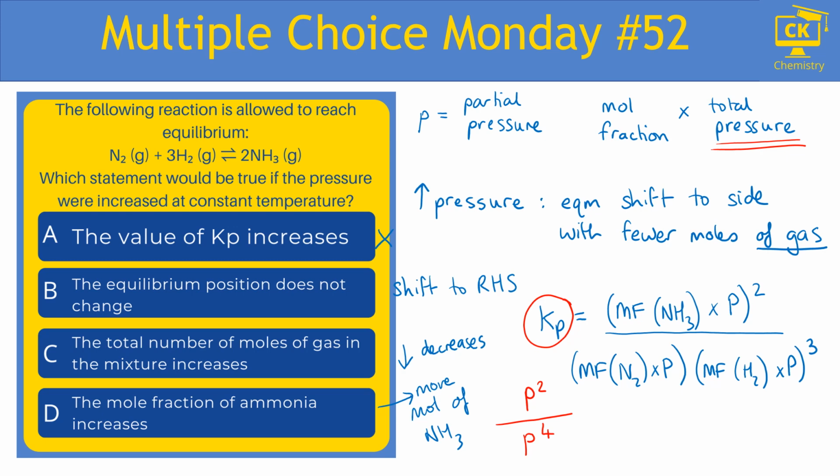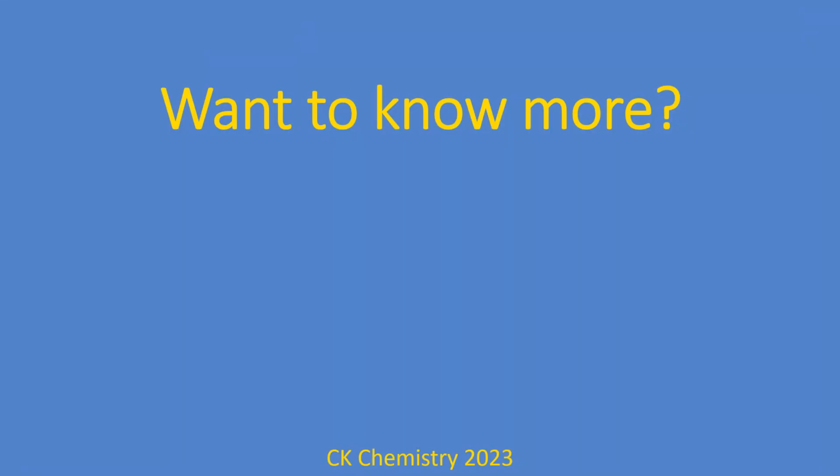So what has to happen is the mole fraction of ammonia has to increase and the mole fraction of nitrogen and hydrogen has to decrease in order for Kp to be constant, and we know that it's constant because that is our definition of Kp. So therefore the mole fraction and the number of moles of ammonia goes up and the moles of the other two goes down, but Kp stays the same.